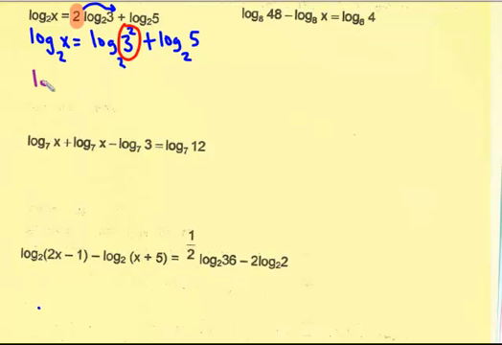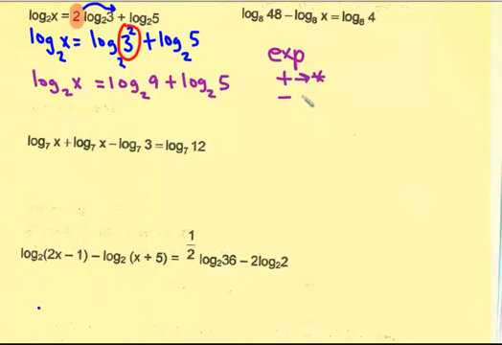So I have log base 2 of x equals log base 2 of 9 plus log base 2 of 5. I'm not finished condensing the right-hand side yet because there is a plus here. So remember, the first thing we do is take care of our exponents. Then we want to change any pluses to multiplication and any minuses to division.